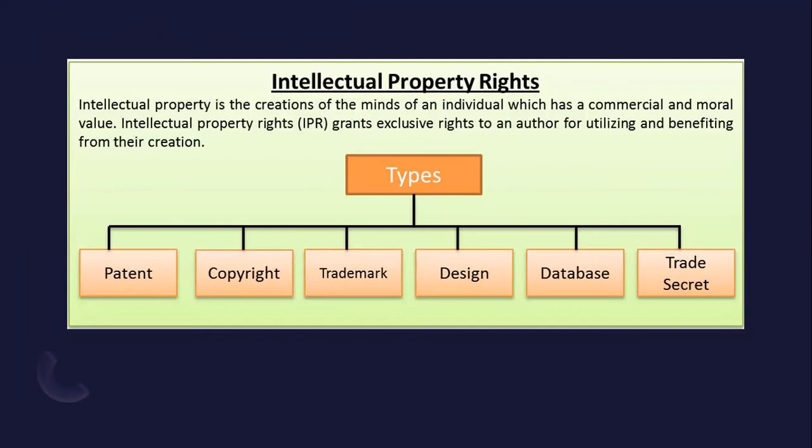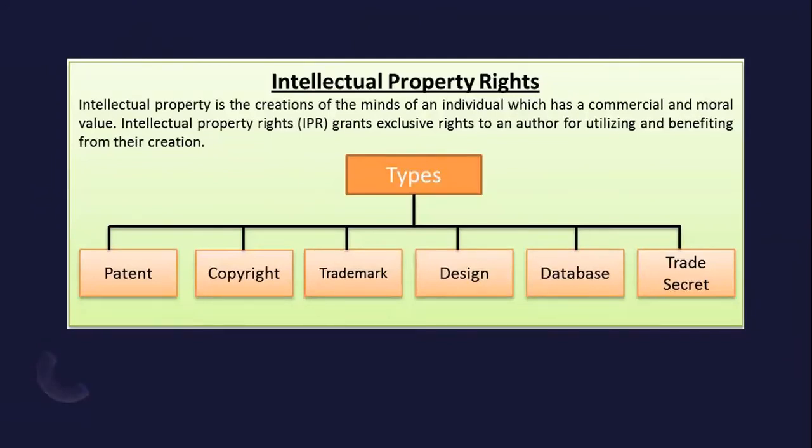So, intellectual property rights. Intellectual property is any property that is created by the mind of an individual and it has commercial and moral value. Intellectual property rights are the rights of the owner of the information, and the owner can decide how much information is to be exchanged, shared, or distributed.